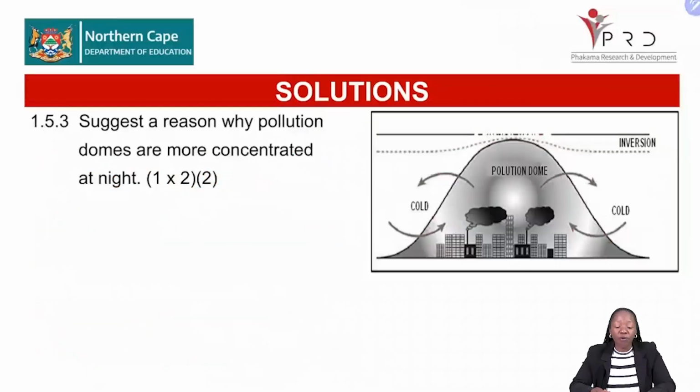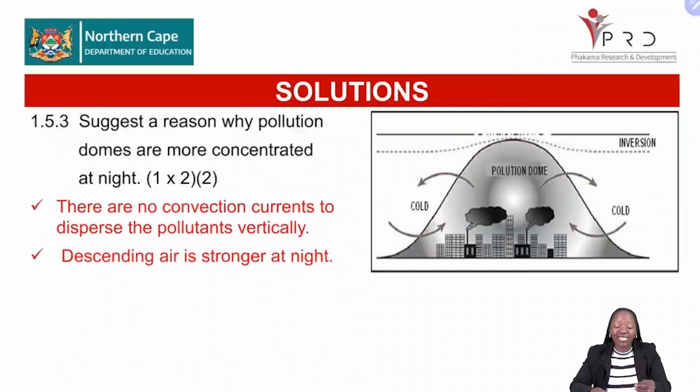Then your 1.5.3 suggests a reason why pollution domes are more concentrated at night. Why are they more concentrated at night? Number 1, there are no convection currents to disperse the pollutants vertically.